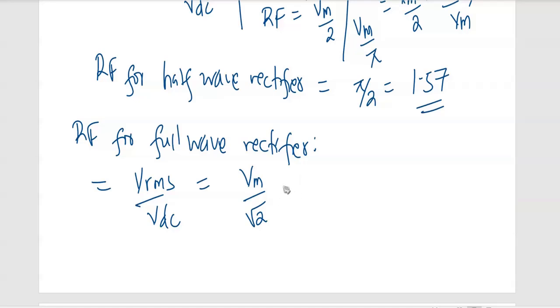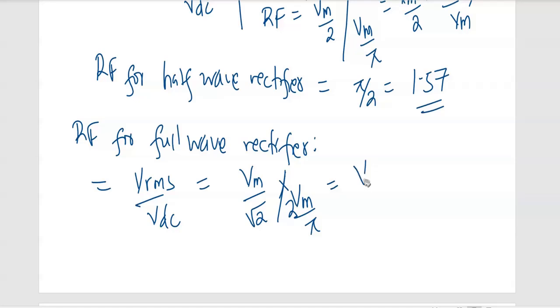Remember, the average DC output of a full wave rectifier is twice Vm divided by pi.